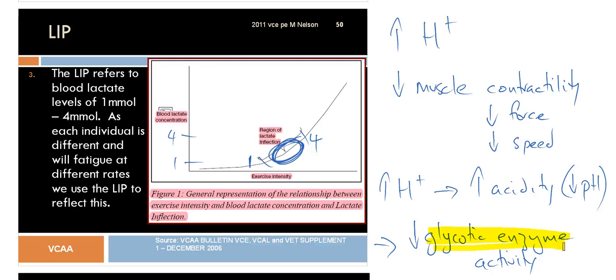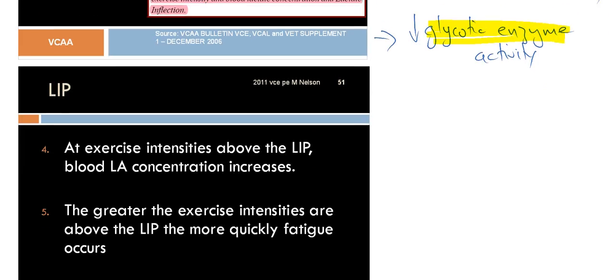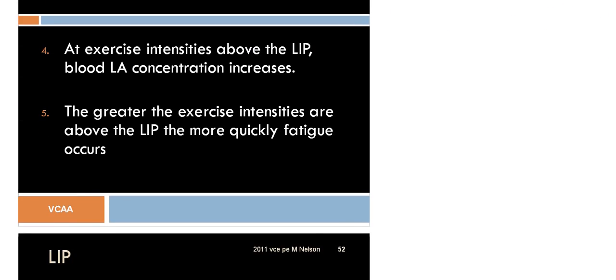If the rate of energy production decreases, then our intensity or output will also decrease. At exercise intensities above the LIP, blood lactic acid concentration increases. The greater the exercise intensity above the LIP, the more quickly we fatigue.